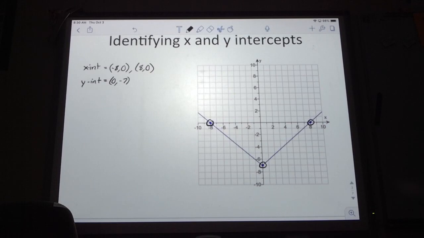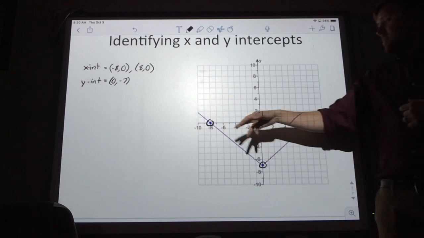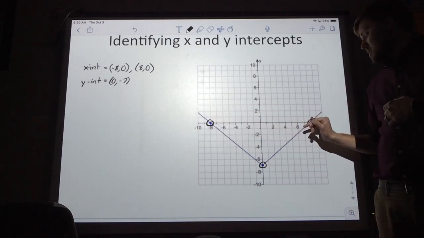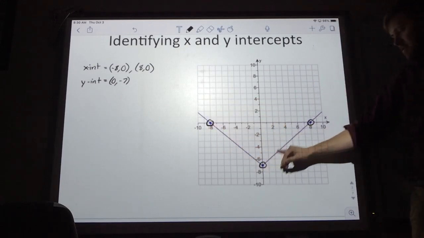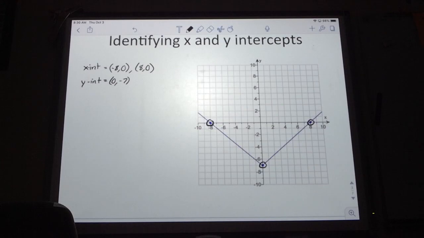It does not have to be in any specific order, but I would ask if you're going to write them down in an order, write them in order from left to right, or if it's all 3 of them, left to right, just so when I'm grading, they're all in the same order, so it's easier for me to read. Okay? So those are the intercepts. Again, they could ask you for all of them, or they could ask you just for the x and just for the y.